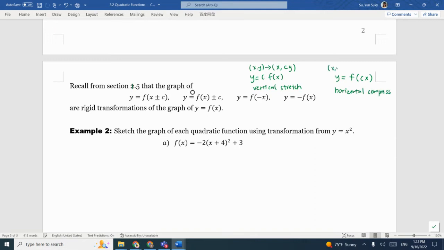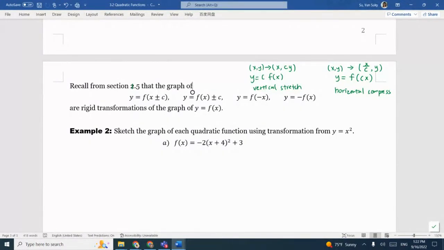And how would the point change? Will that change your y value? No, but your x value is divided by c. That's the difference. You don't multiply by c. That's why it's compressed, not stretched. Is that okay, everybody? Do you remember those?